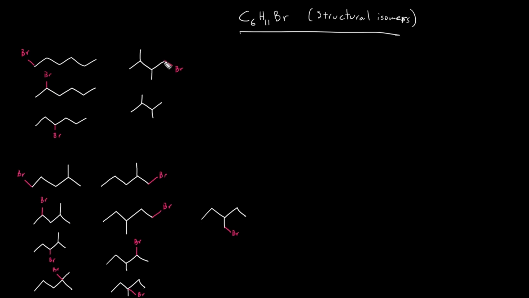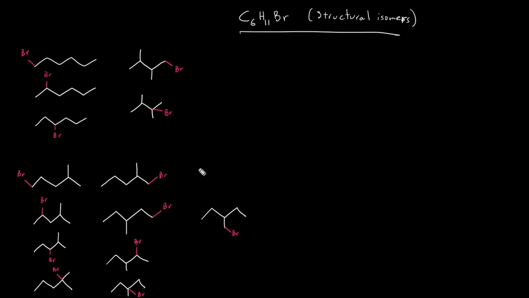It will still be 1-bromo-2,3-dimethylbutane. Or we could put that bromine here in one of these central carbons and have 2-bromo-2,3-dimethylbutane.